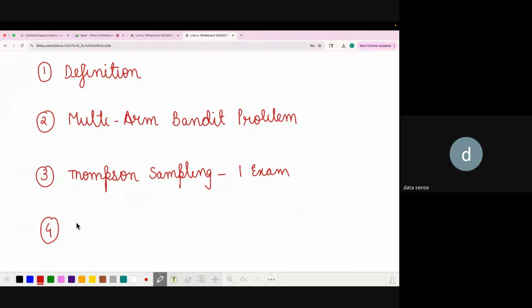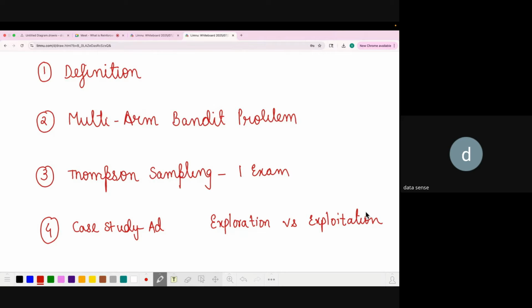So it's going to be a case study on advertisement, where we will study exploration versus exploitation. This is the whole pillar of reinforcement learning. If you can understand this much, you are pretty good to go and study it in depth. So, definition, multi-armed bandit problem, we will discuss Thompson sampling, and we're going to study the case study.